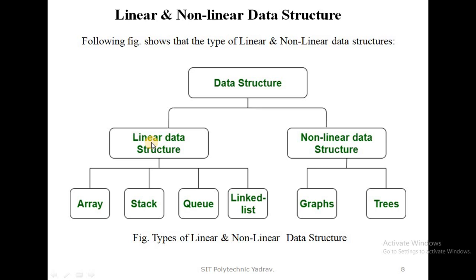In the linear data structure there are four types: array, stack, queue and linked list. In the non-linear data structure they are classified into graphs and trees. Okay, we will start in detail what is meant by array, stack, queue, linked list, graphs and trees.